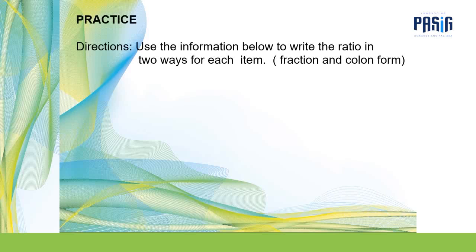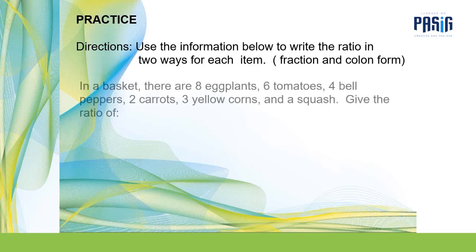For you to understand more about ratio, you are now going to answer the following activities. You will check your work after our discussion. Please practice honesty. The first activity is just a practice. Directions. Use the information below to write the ratio in 2 ways for each item, fraction and colon form.